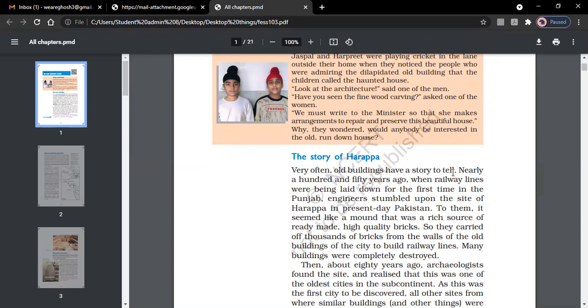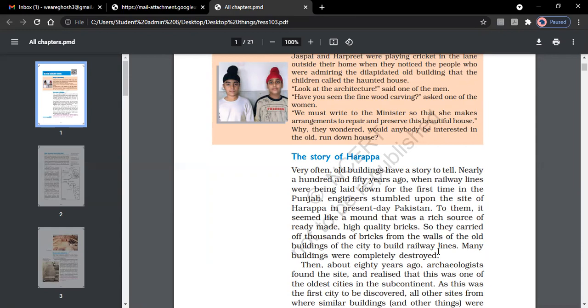The question is: why were some of the early buildings completely destroyed? See, this is the last line of the paragraph. So, what do you find?